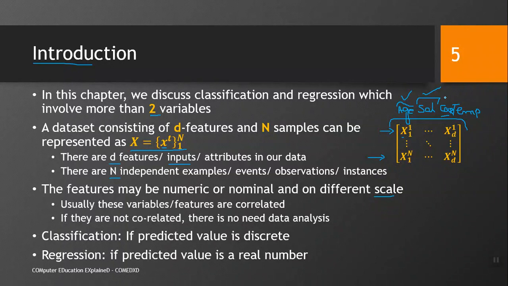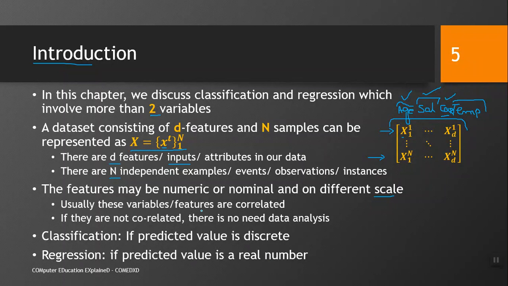Car is represented as a nominal value which represents the classes of the cars. Let us say there are three types of classes, so these values would be 3, 1, 2, 3, and temperature could be represented in Fahrenheit or centigrade. So, each of these four features has a separate scale and separate values.